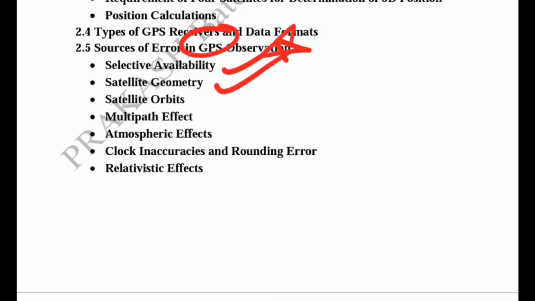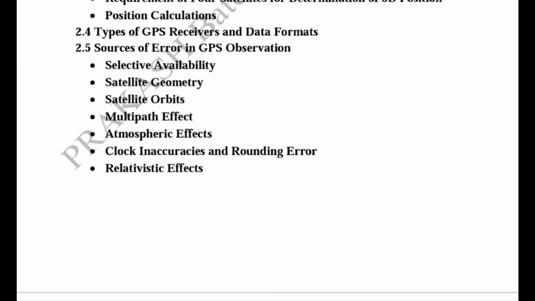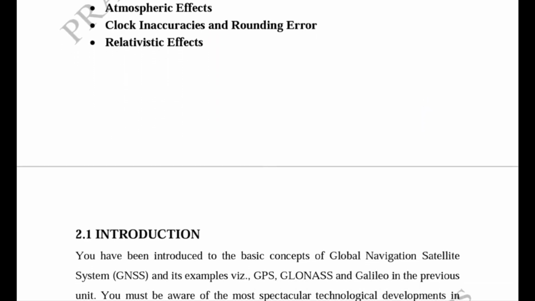After that, satellite geometry, satellite orbits, multipath effect, atmospheric effects meaning ionospheric and tropospheric delay, clock inaccuracies and rounding error, and relativistic effect. This effect is related to relative motion. All these sources of error we will study in Unit 2.